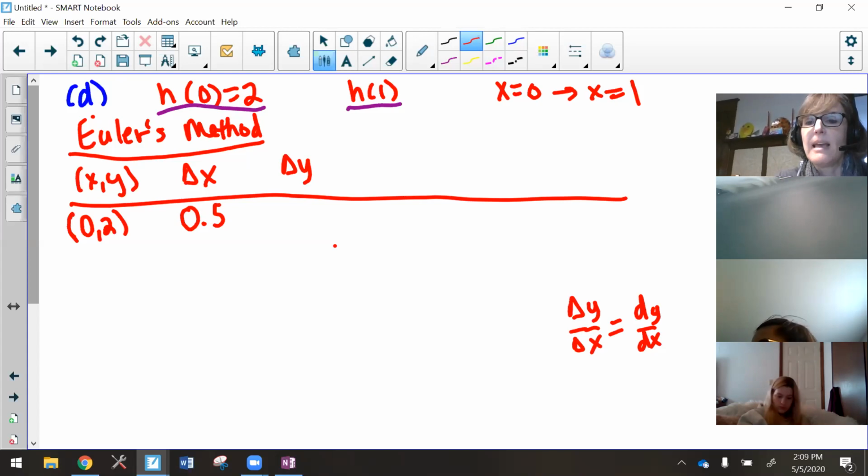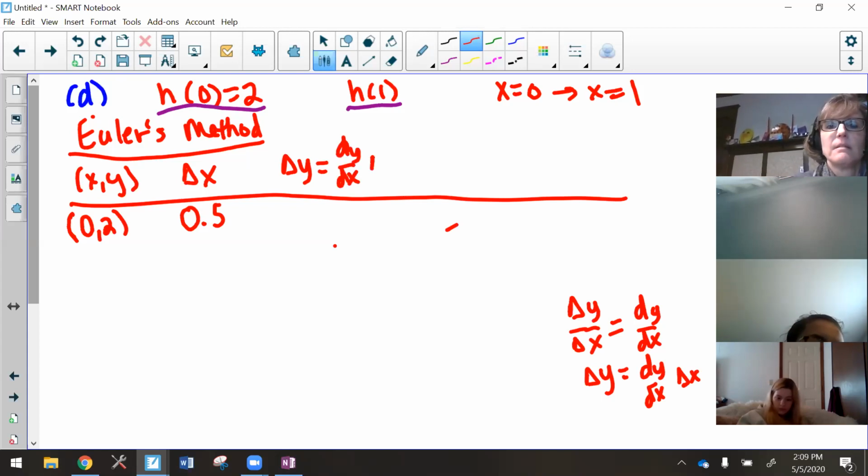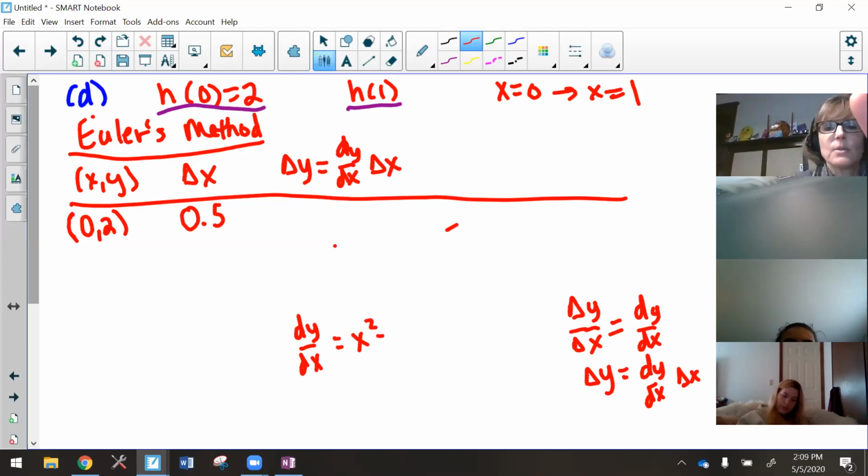Okay, and then what we say is dy is equal to dy dx times delta x. And that's what I'm going to write in up here. So remember that dy dx is equal to x squared minus y over 2.